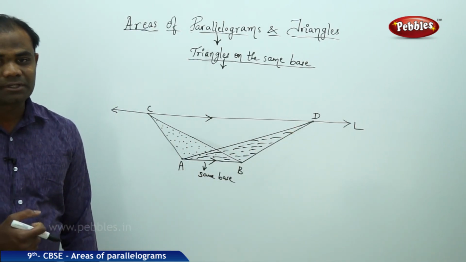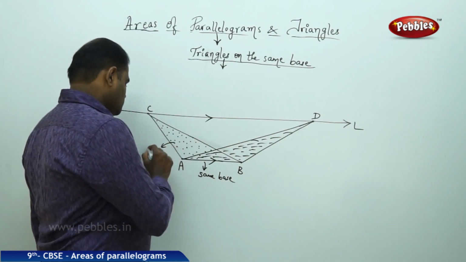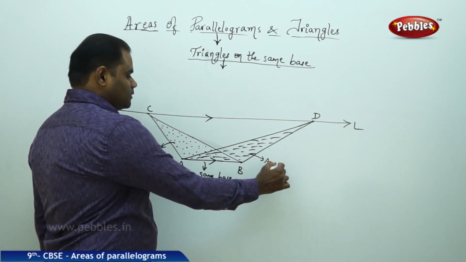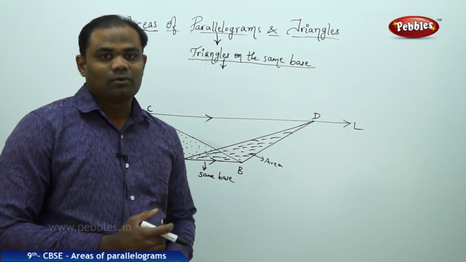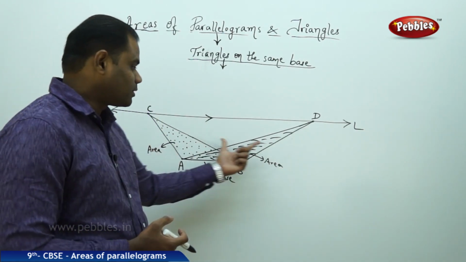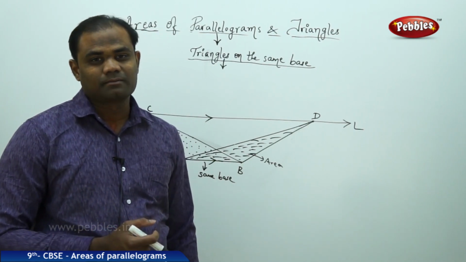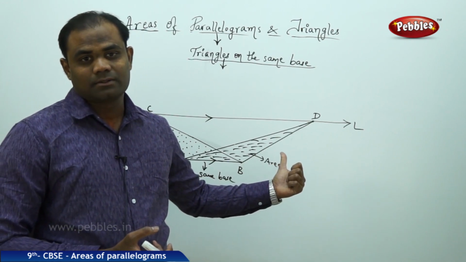Now the investigation is to prove whether the area of this and the area of this are equal. So we are going to see how we can connect the areas of these two triangles which are on the same base and between the same parallels, investigating the property for triangles.